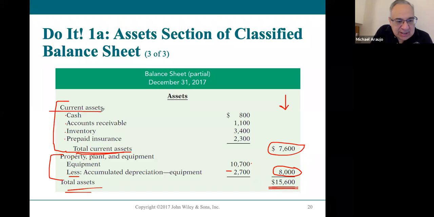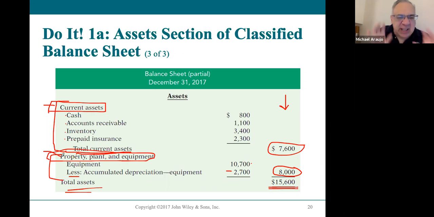Current assets has a specific order, and then property, plant, and equipment accounts. Those two classifications of assets, you're going to see on every single balance sheet. Notice what's not here. Long-term investment accounts are not here, and intangible assets are not here because a lot of companies don't have them. But if they did, they would be classified in the order you were taught.